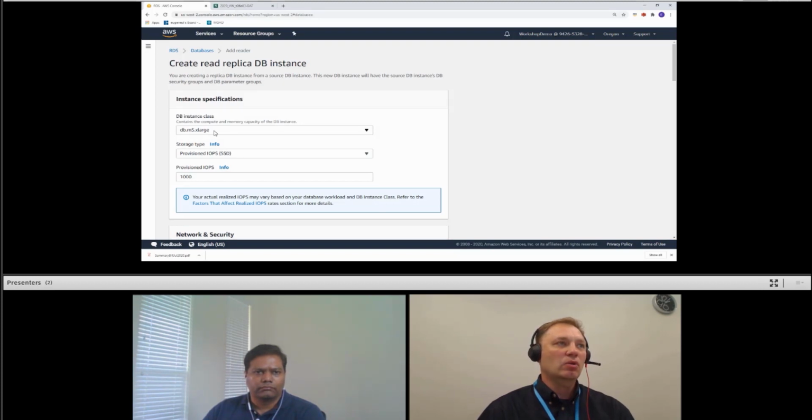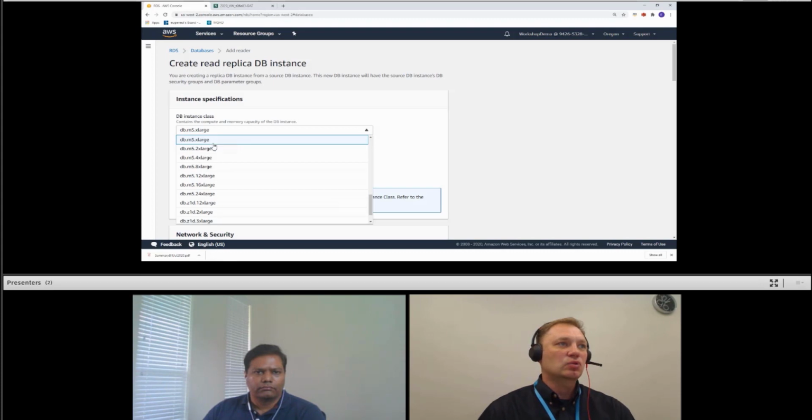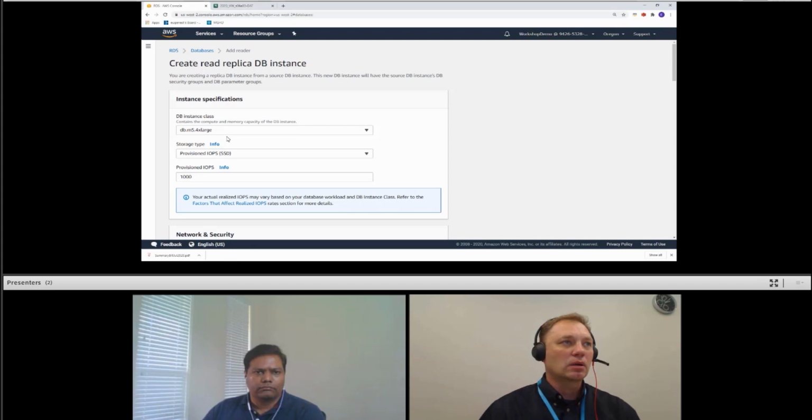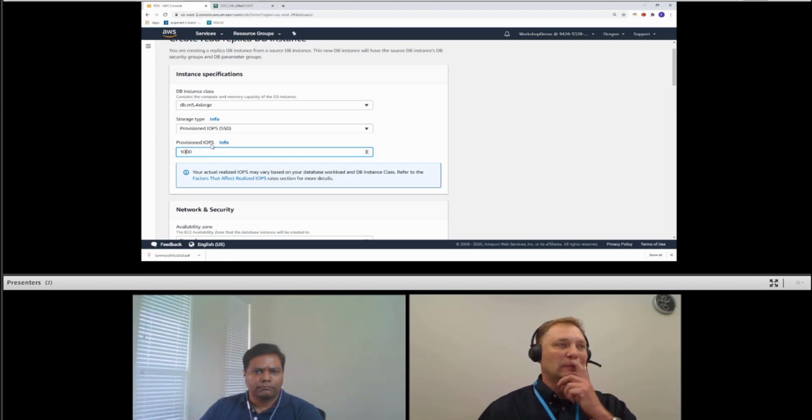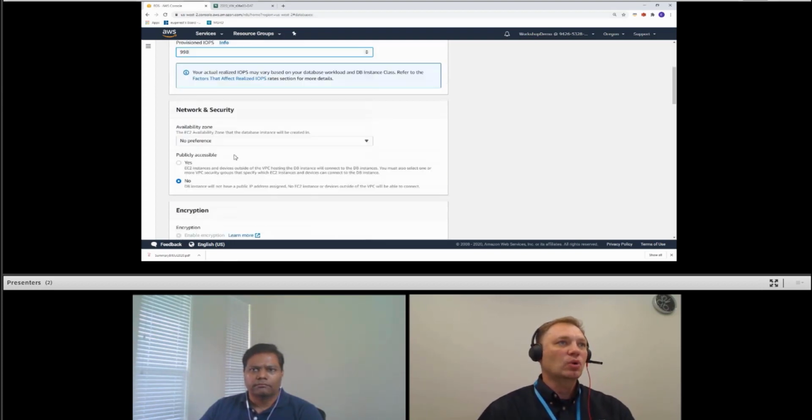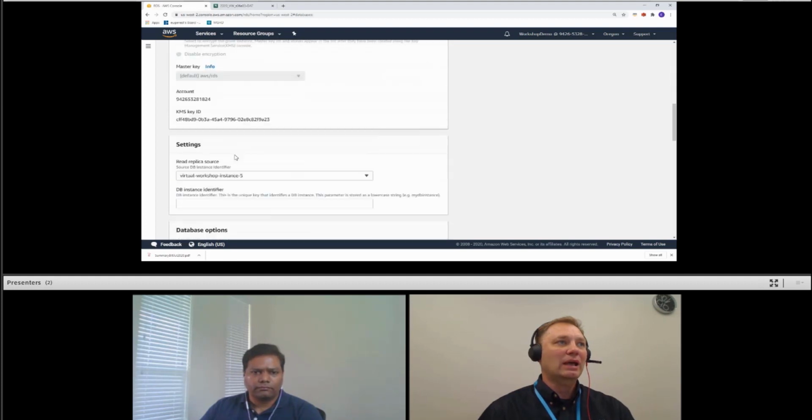Depending on what you're doing, maybe your plan is to send a really intense read workload, and maybe you want your read replica to be larger than your primary. You can absolutely do that. And the same story with the storage subsystem. You don't have to match the configuration of your primary. You can absolutely provision more IOPS, for example. So let's scroll down.